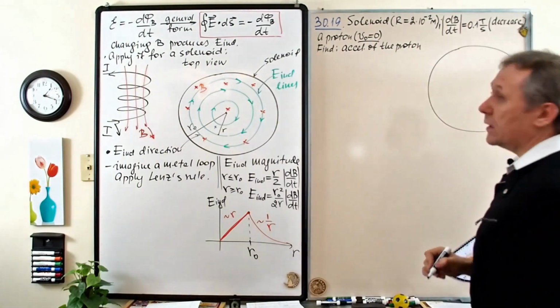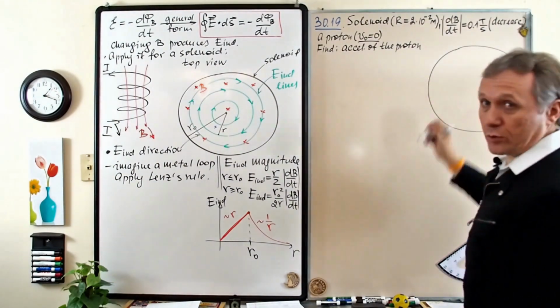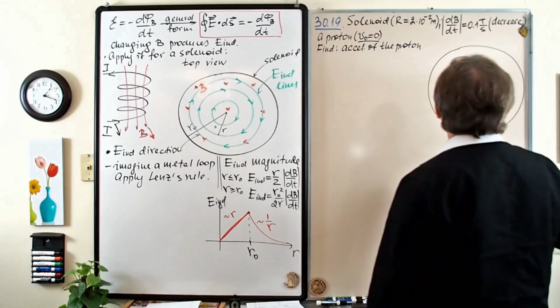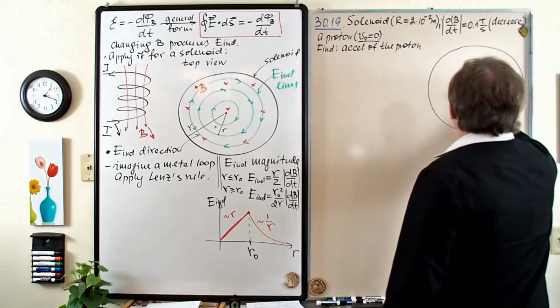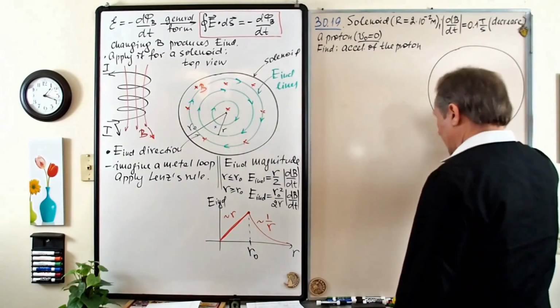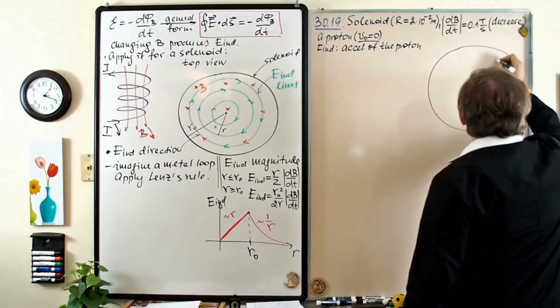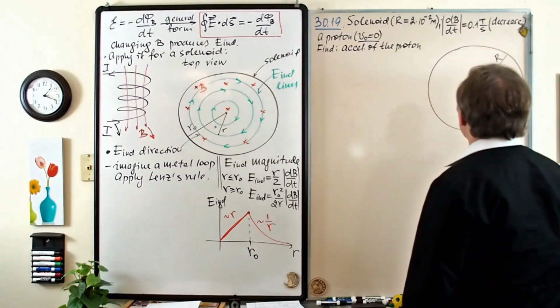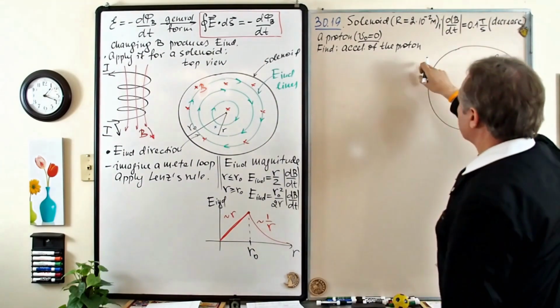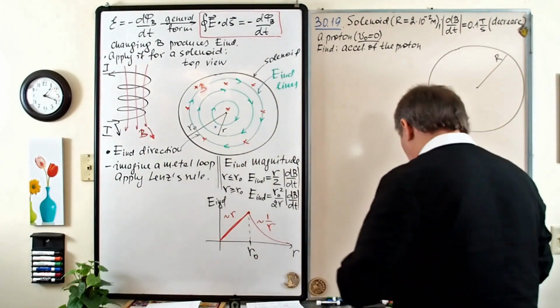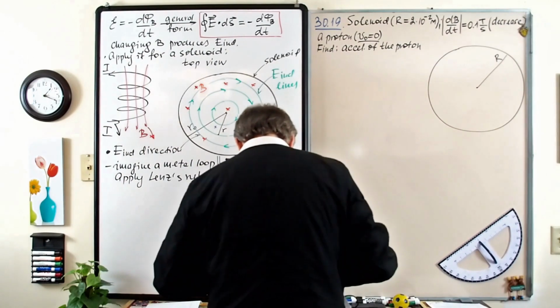Right, so this is the edge of the solenoid. Then the radius of the solenoid is given. Let me draw it, for example, here. So that's R. This is inside and that is outside of the solenoid, right? And the radius is given.